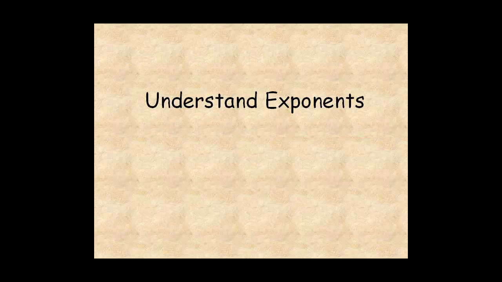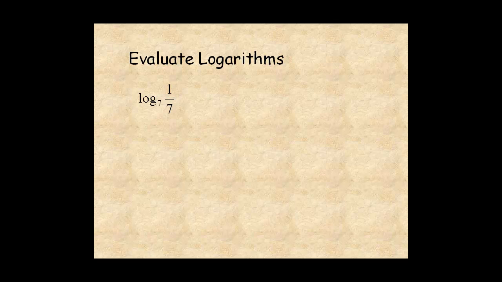Here are two more questions that rely on your understanding of exponents. Negative exponents lead to fractions, and rational exponents are roots. For log base 7 of 1 over 7, set the log equal to x, and write the exponential form 7 to the x equals 1 over 7. Then ask yourself, how do you raise 7 to a power and get 1 over 7?